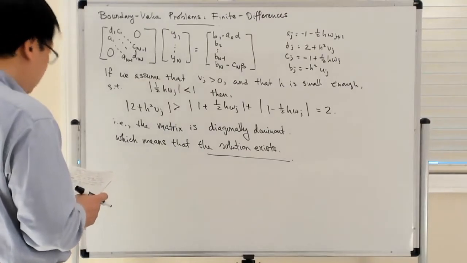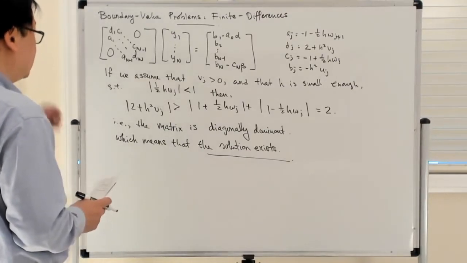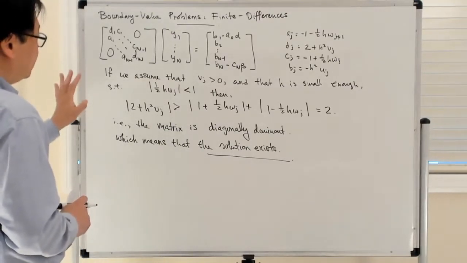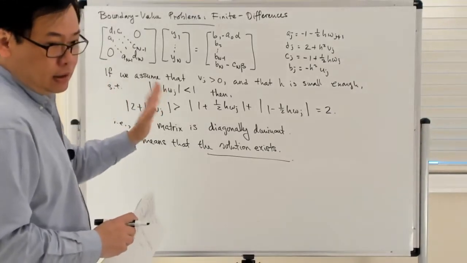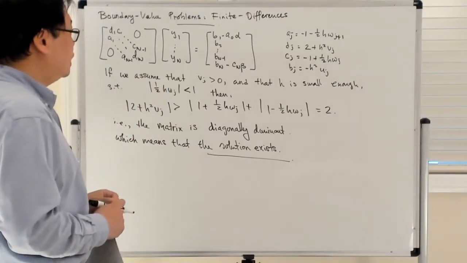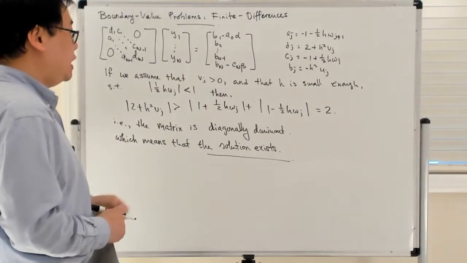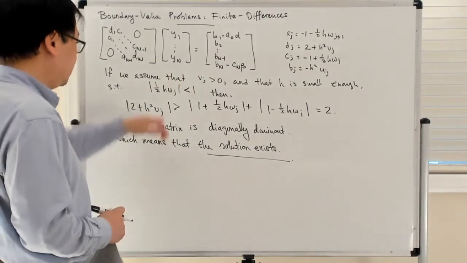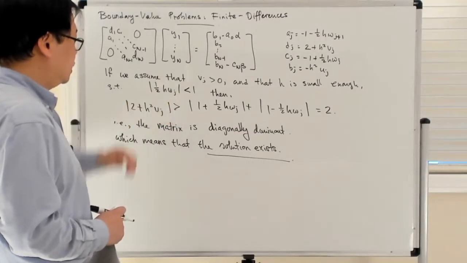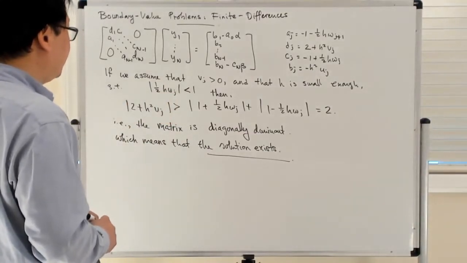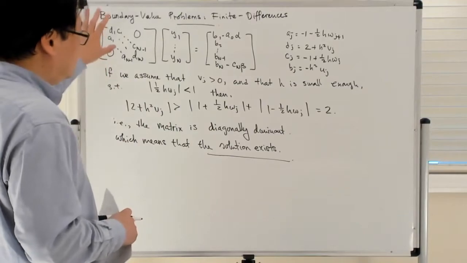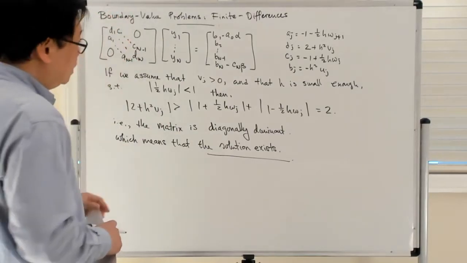So let's now talk about convergence. So far, all we've said is that if you have this linear system of equations, and again these Vj's are positive and h is small enough, again with respect to this wj term, then that linear system has a unique solution.